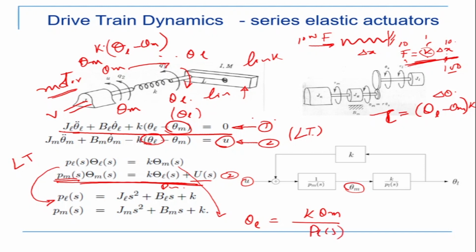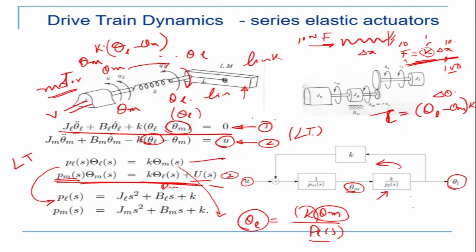From this equation, this is what I write. So input is my theta MS, which is getting multiplied into K and is getting divided by PLS, which is here. And the output is my theta L, which is this one. So I'm using this equation and this equation to make my control loop diagram. And it is closed loop control, so the K is coming back this way now.